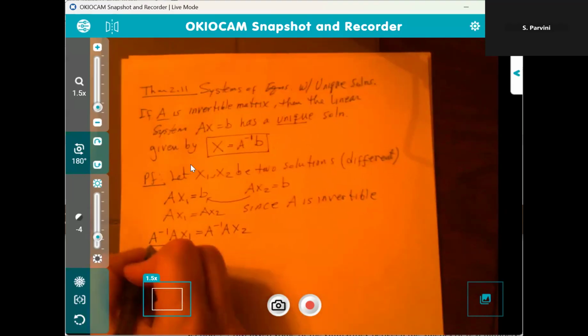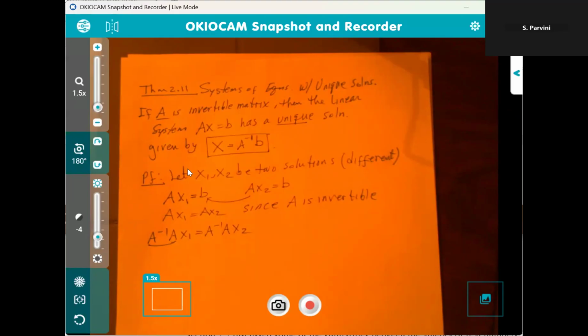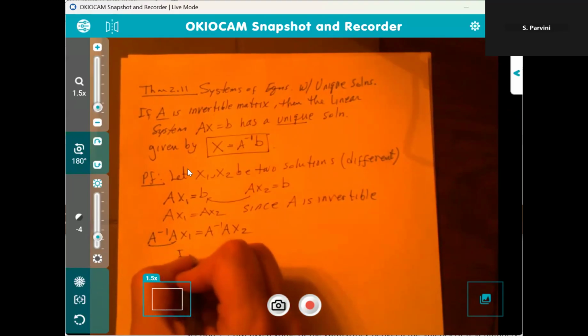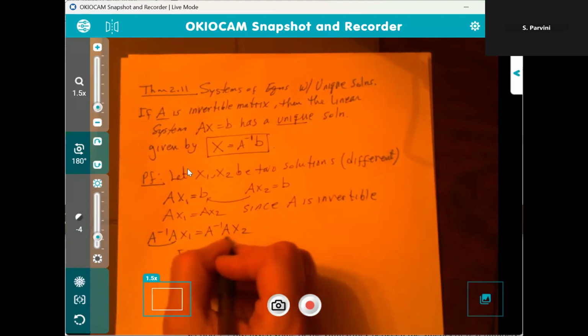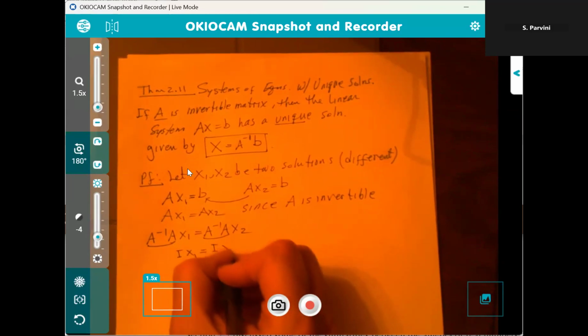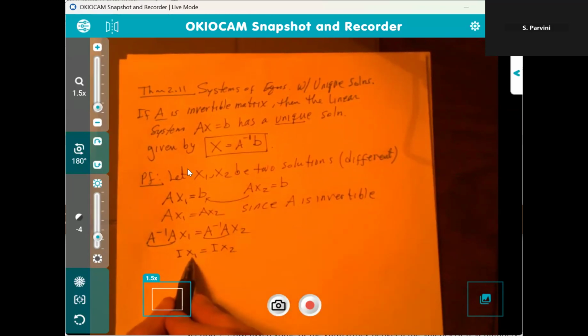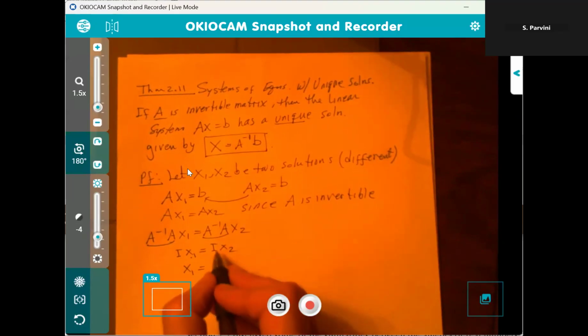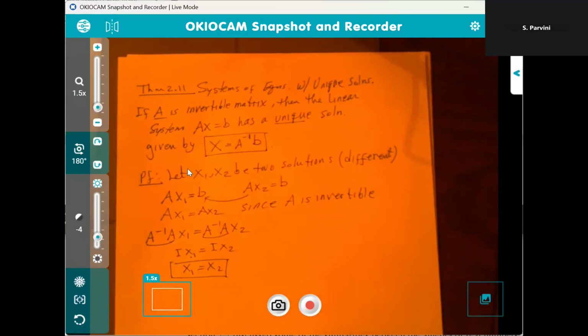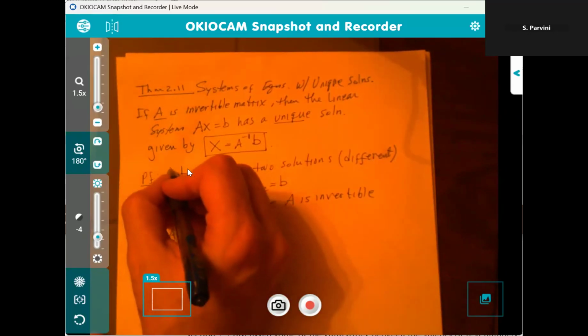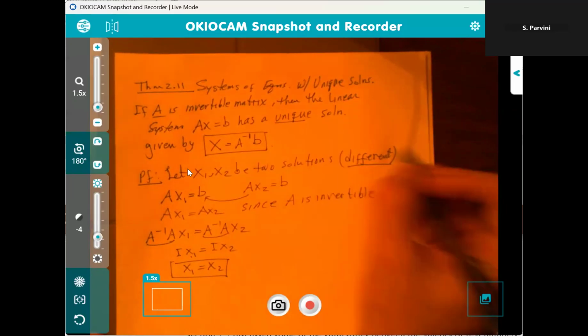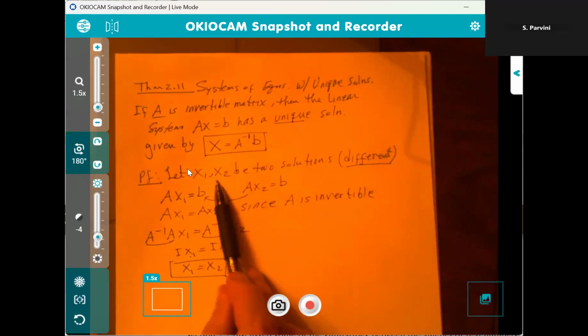The product of the inverse of a matrix and the matrix gives you the identity on both sides. Identity times any matrix is the matrix. Same thing on the right side, and we just showed the two are the same. But remember what we started with: we assumed they're different.